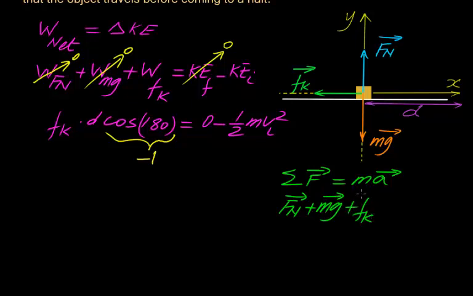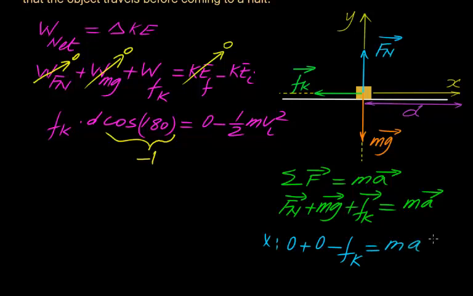They all add up to ma. The x component has no normal force, that's 0 because the normal force is vertical. The same thing for the mg, but the Fk has a negative component because it's pointing in the opposite direction of motion. That is going to equal the mass times the acceleration.